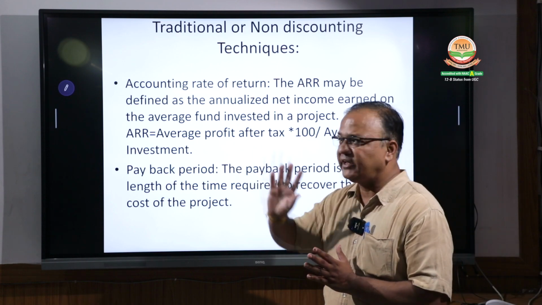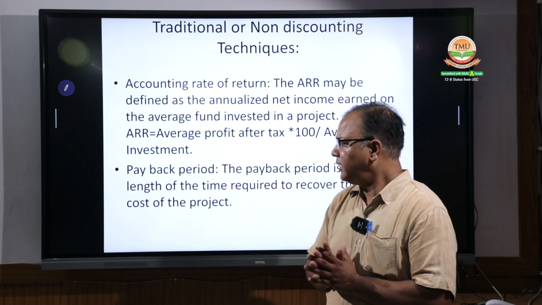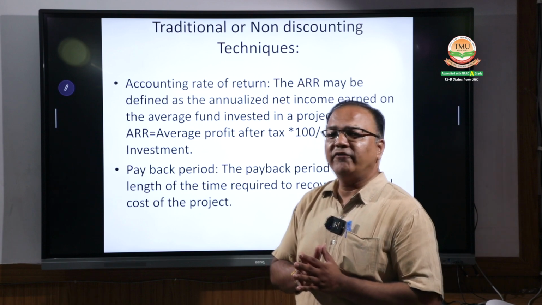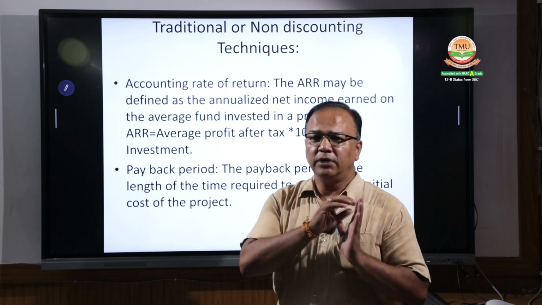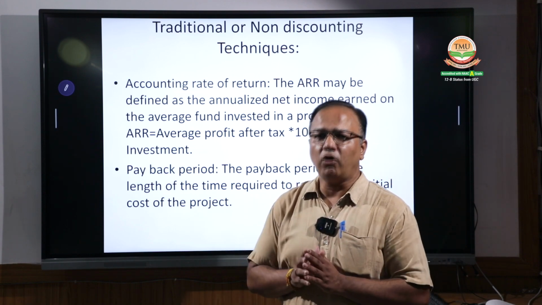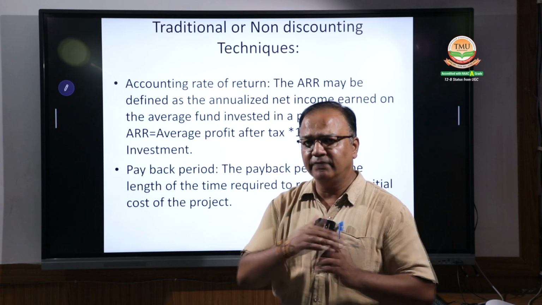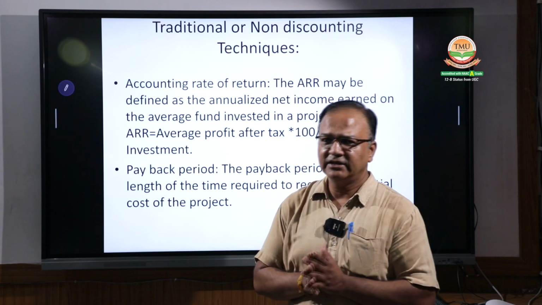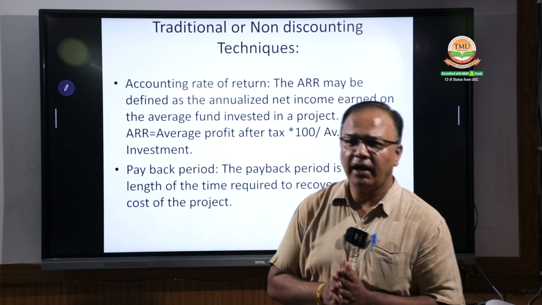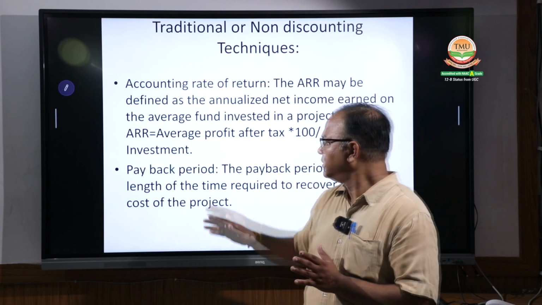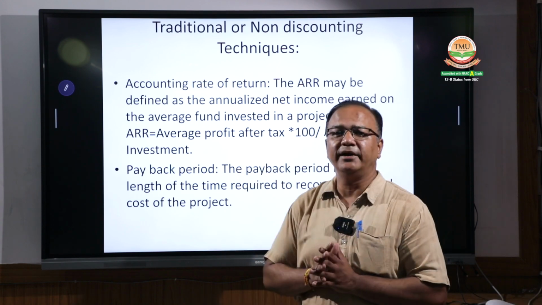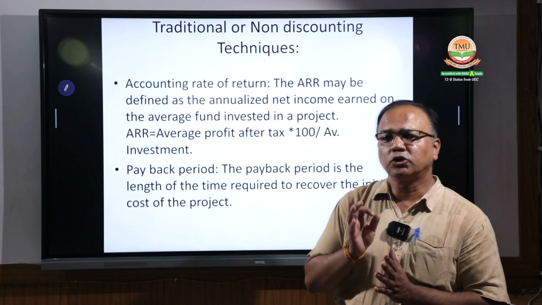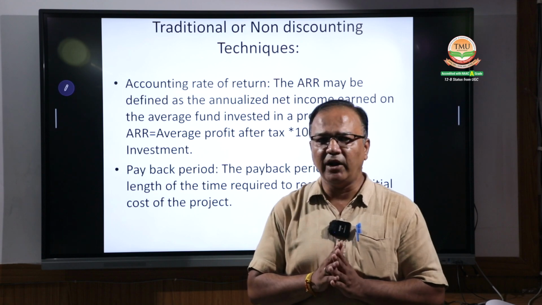To find average profit, you add the profit of all the years and divide by the number of years. Then you will get average profit. And the average investment will be cost minus scrap value.